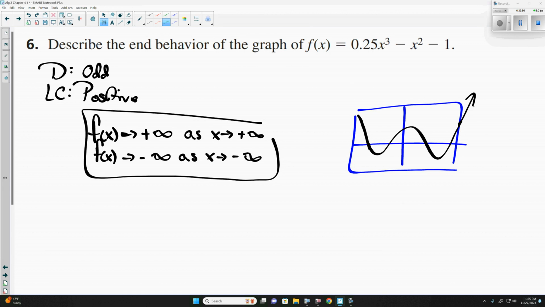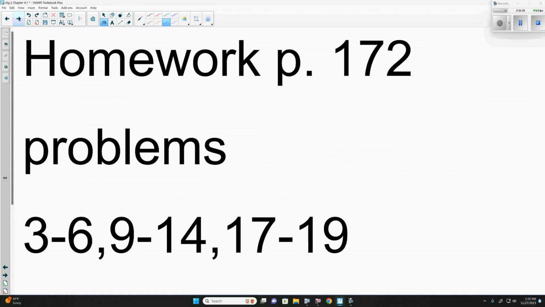But as x approaches negative infinity, as we go this direction, the function should be going down, which means somewhere to the left of the screen, it's going to cross the x-axis again. So there should be another solution somewhere out that way. Now, this is not an accurate representation because it has too many zeros, but it's just an example of what we would be looking at. It is nowhere near what the actual function should look like. And that's it.